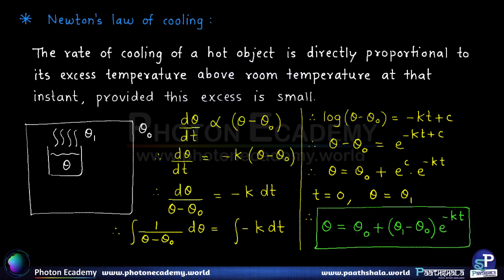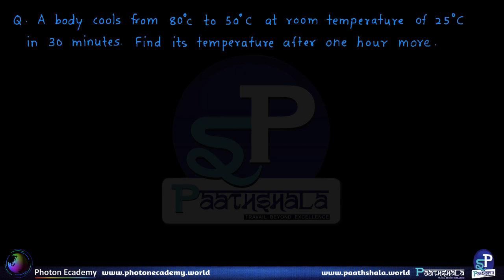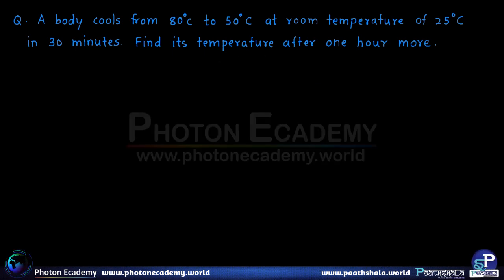Right, now let's solve one example based on this. Alright, here is a question. A body cools from 80 degrees Celsius to 50 degrees Celsius at a room temperature of 25 degrees Celsius in 30 minutes. Find its temperature after 1 hour more. If you show it diagrammatically, here t is equal to 0, that is when the cooling started.